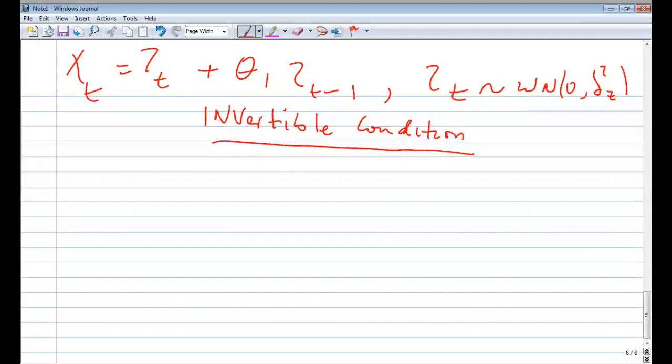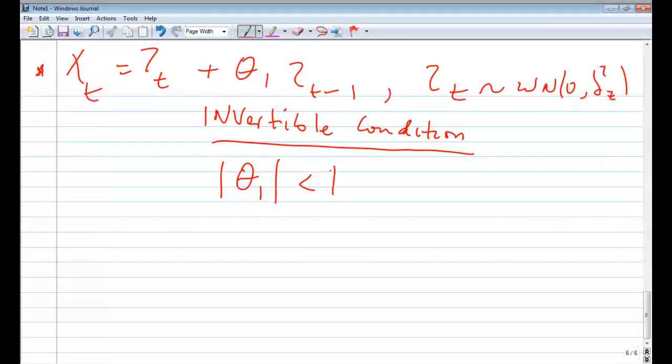For the process xt to be invertible, the absolute value of theta 1 must always be less than 1. Are we together? We have one condition that we have to prove in order to check whether that process is invertible. So for the process xt to be invertible, the absolute value of theta 1 must be less than 1.